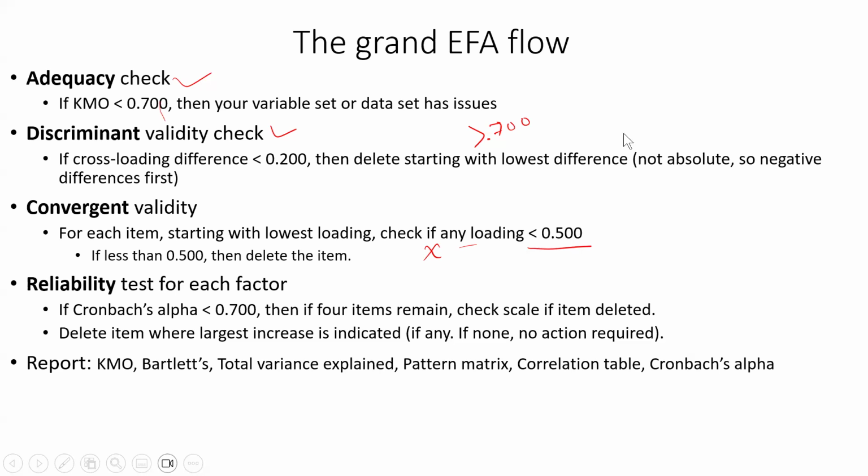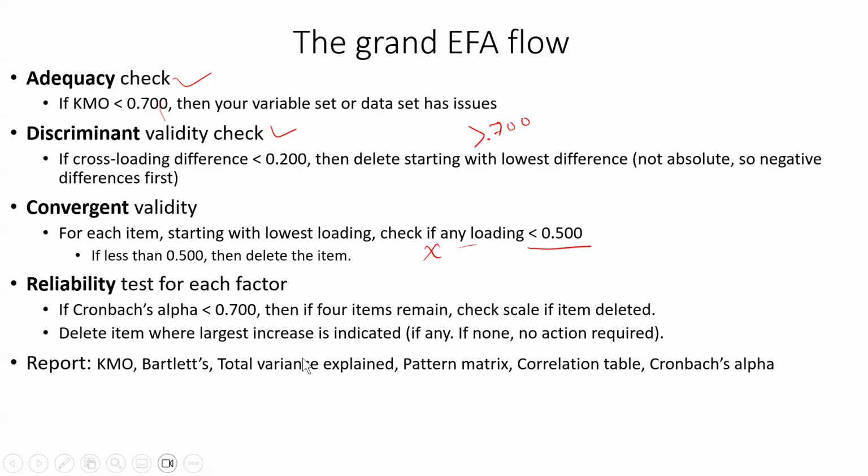Now please open data. That data I have already shared with you. Please open that data. Now we're going to run the analysis. There is something called clean data set, EFA. Please open that data.